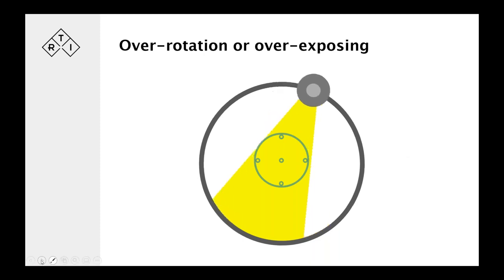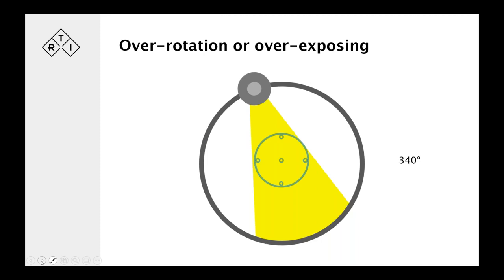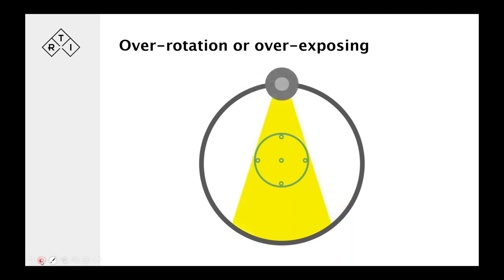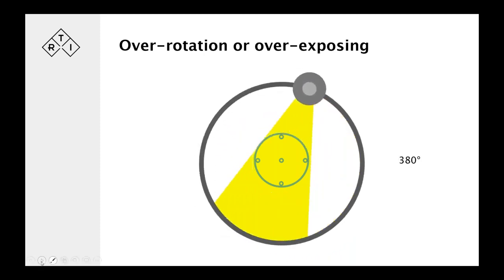Now, if we have over or under rotation, we might end up here if it's 340 degrees, or we might end up here in another situation when we have an over rotation at a different number of degrees, another end position. So that's one possibility.